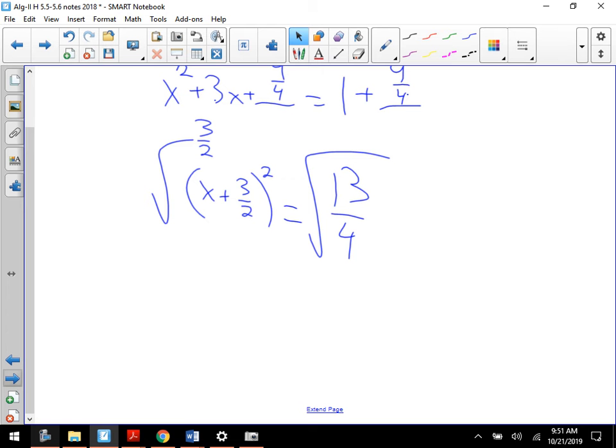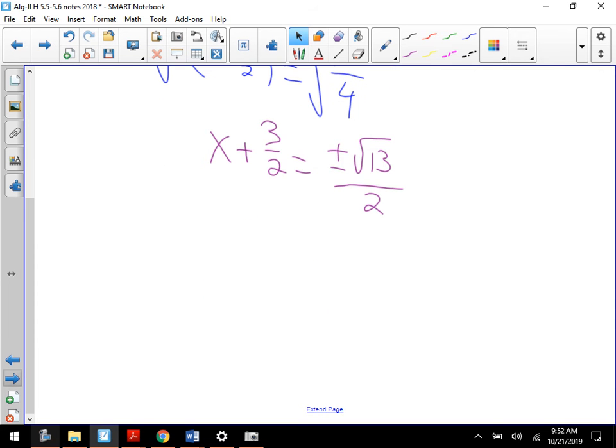No. So your final result here would be x plus 3/2 equals plus or minus root 13 over 2. Okay? What do I do with the 3/2 on the left-hand side then? Subtract it over. So then you get x equals negative 3 over 2 plus or minus the square root of 13 over 2.